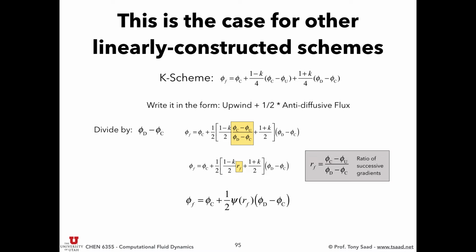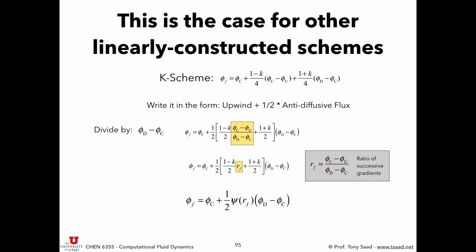So in other words, the generalized linearly constructed schemes using the finite volume approach tell us that the value of phi, the dependent variable at the face, is equal to the upwind value, an upwind flux, plus some weight function. This psi is some weight, a number, depending on k and the gradients, okay? That's just some number that is messing with the magnitude of the anti-diffusive flux.